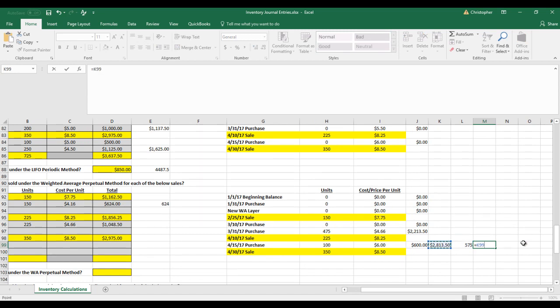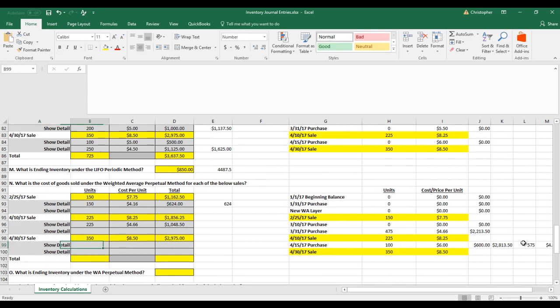Again, we get a cost per unit. In this case, it's $489, a little bit higher yet. And that is for a sale of 350 units. So $1711.50.